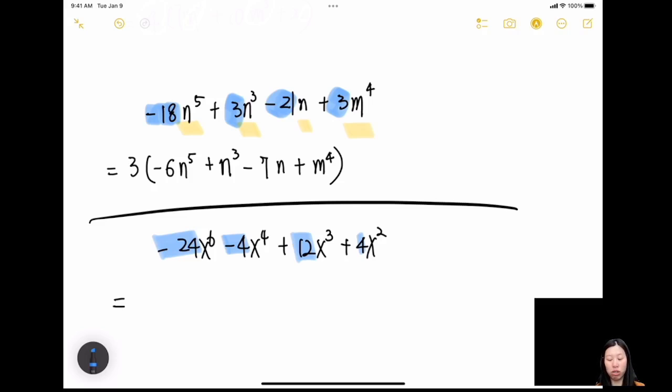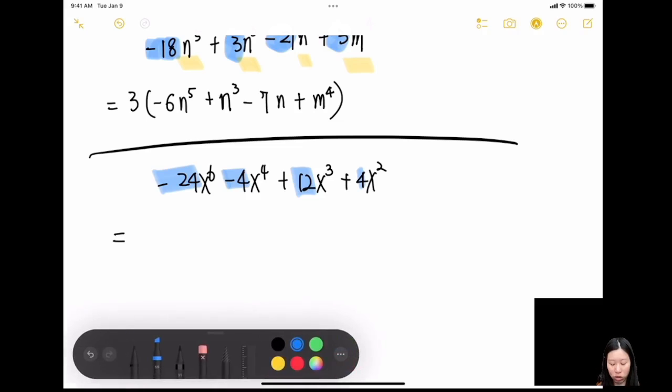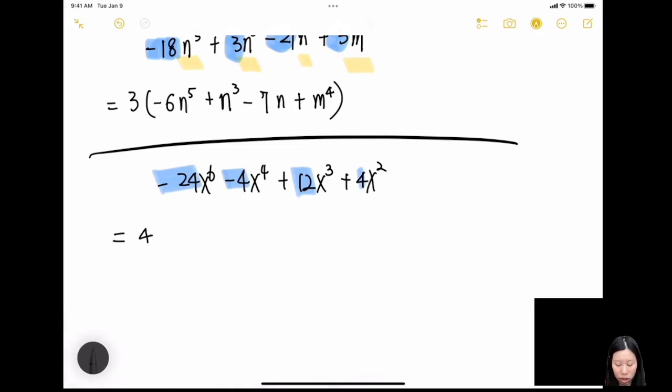If you don't know, you can just do what I did in the first example, which is you factor 2 out and then times the second factor, right? Okay, now we can just see it right away. The common factor would be 4. So I have negative 24 divided by 4 is negative 6. And then negative 1, x to the fourth, plus 3 times x to the third, plus 1 times x squared.